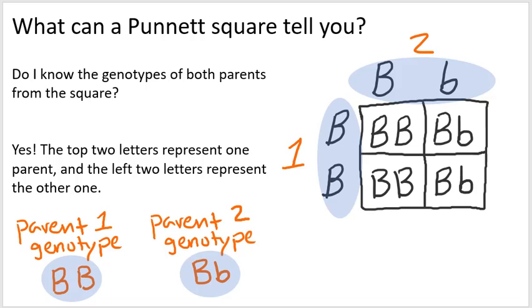We can also see the genotypes of both parents. One parent, you'll find their two alleles from their genotype on the left. And for the other parent, you'll find the two alleles for their genotype on the top.